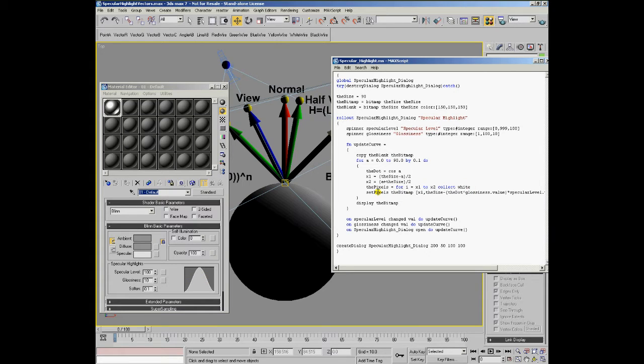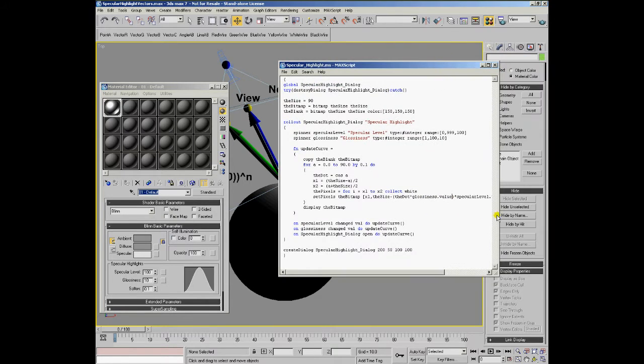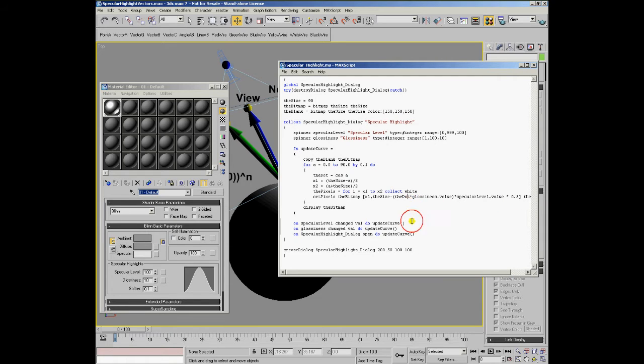And finally we set this new white horizontal line starting at the left point x1, and at the level the y-axis is going to be the dot product that we calculated to the power of the glossiness value multiplied by the specular level. Now obviously the dot product can change between 0 and 1, and any value to the power of a positive integer is going to return a value below 1, or maximum 1 if it's a fraction of 1.